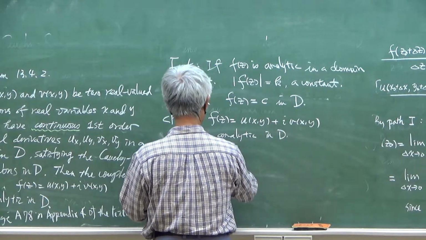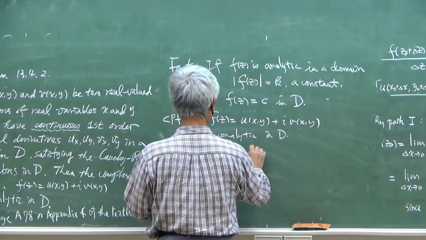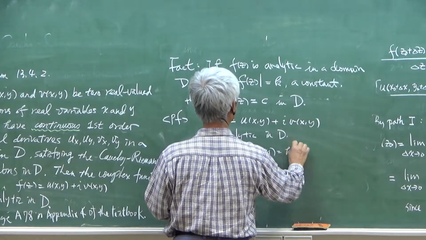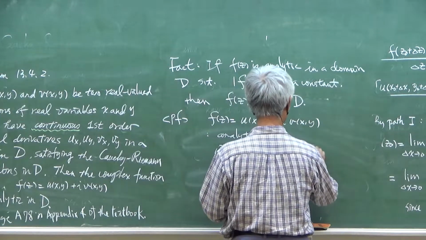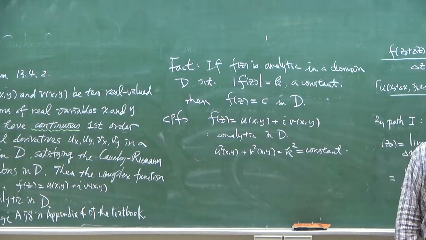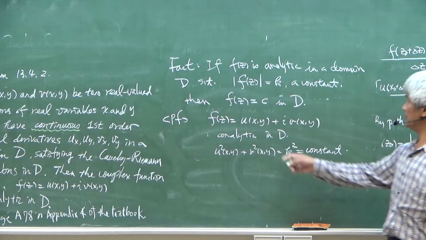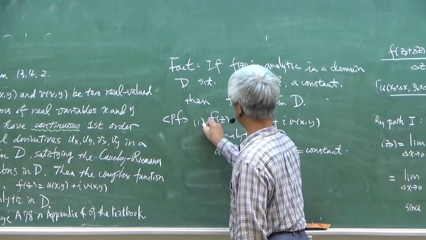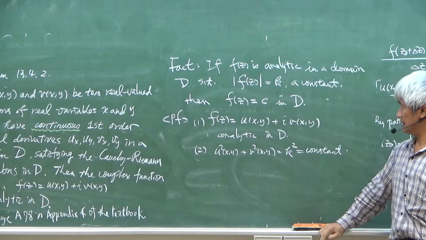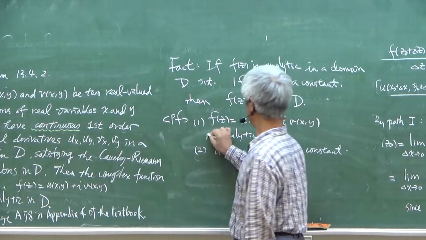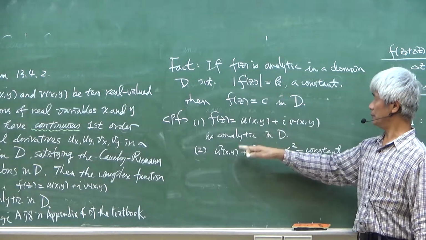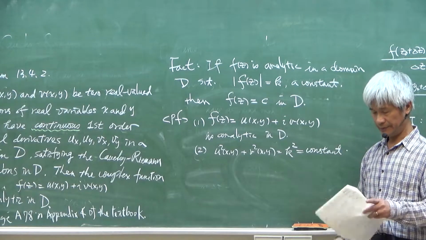And we know that u squared plus v squared is a constant. So we know two things: that f of z is analytic in D, and that the magnitude is constant.